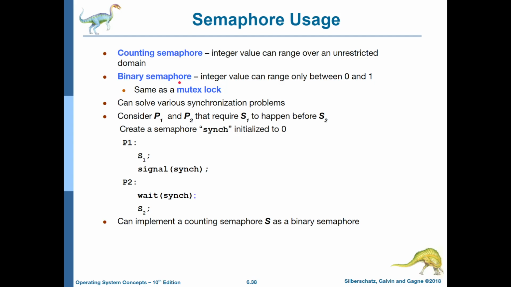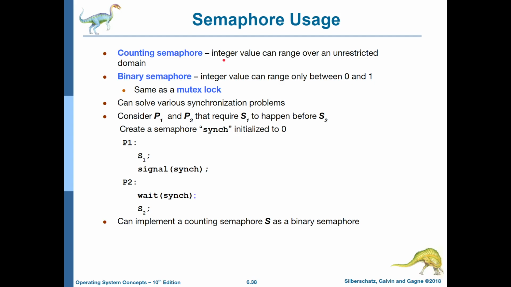The other way we can use this is as a counting semaphore. A counting semaphore allows us to use the integer variable inside the semaphore to range anywhere from 0 to as large as we want. This becomes very valuable whenever we have, say, a buffer, and we want to keep track of the elements that are in use or the elements that may be empty.